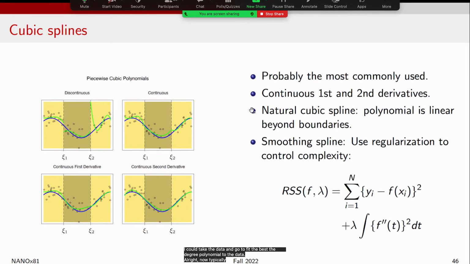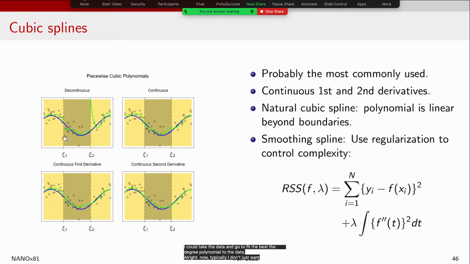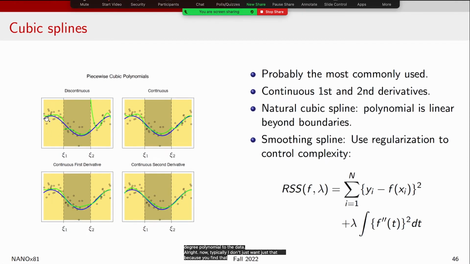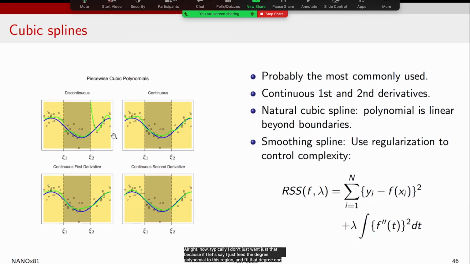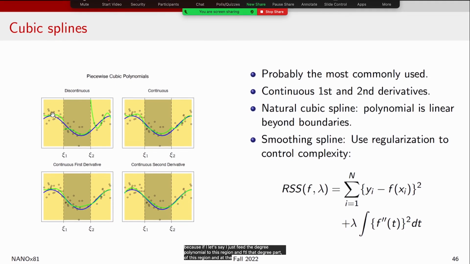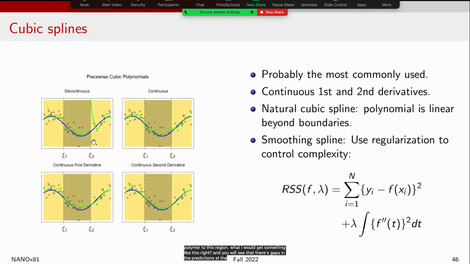Now, typically I don't want just that, because if I just fit a third degree polynomial to this region and then fit another third degree polynomial to this region and another third degree polynomial to this region, what I would get is something like this, right? And you will see that there are gaps in the predictions at the edges of my pieces, right?